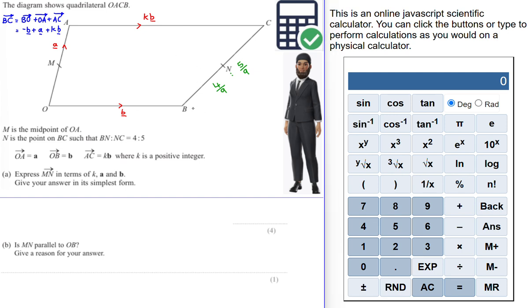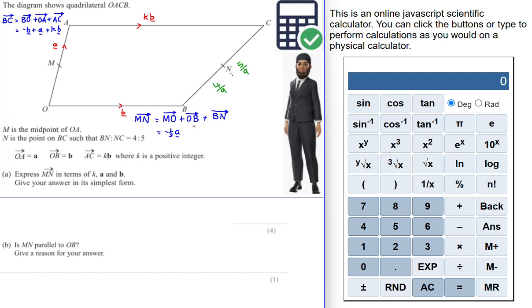Now let's work out MN. MN is equal to MO, and then we continue on from O to B, and then B to N. M to O, we're going against the arrow, and it's the midpoint, so it's minus a half a.